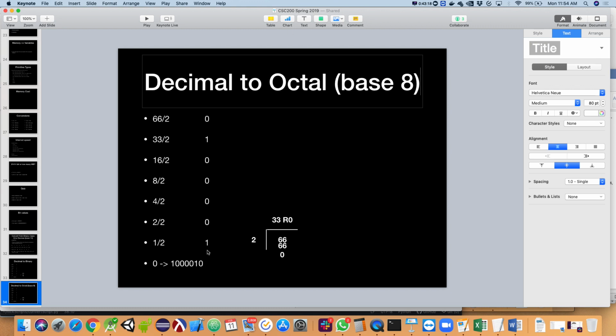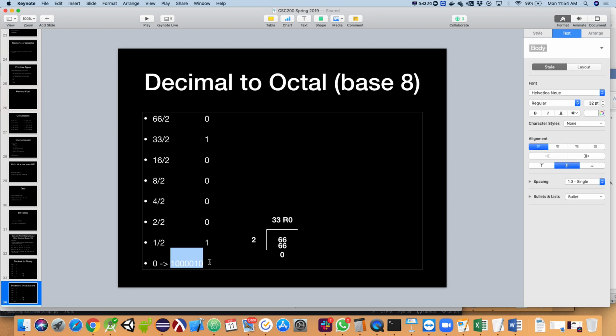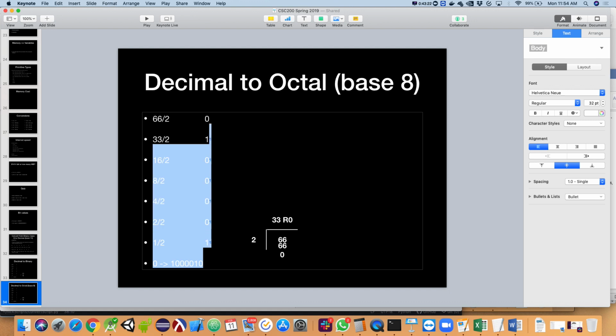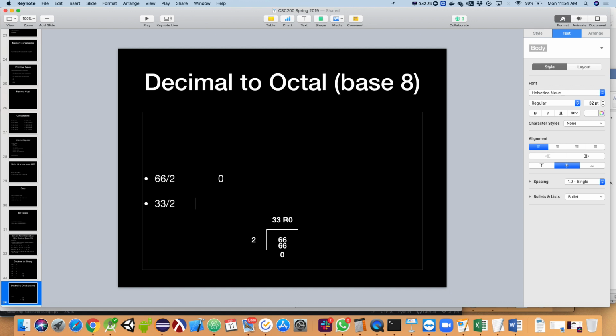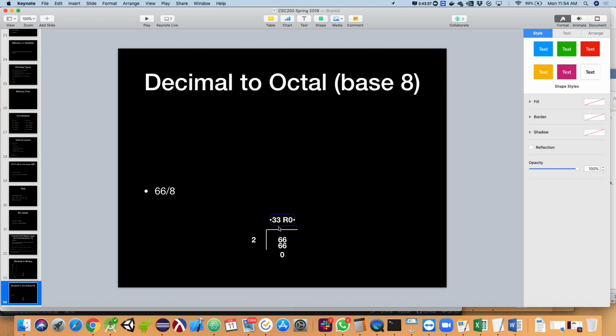All right, so let me back this up here. Now instead of dividing by 2, I'm going to divide by 8. Let me just get rid of this here.